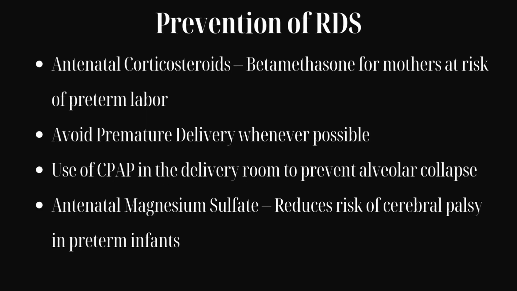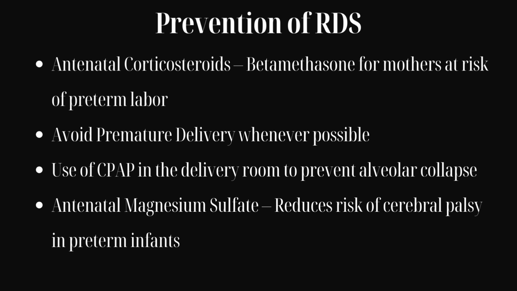How to prevent respiratory distress syndrome? Actually, in every disease, prevention is key. And here is what we can do to reduce the risk of this syndrome. Antenatal corticosteroids are given to mothers at risk of preterm labor.